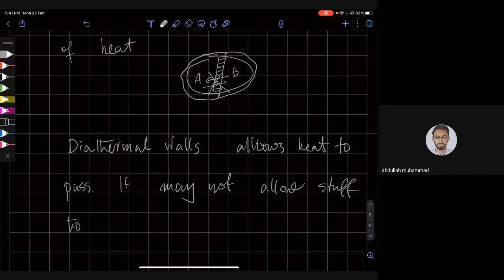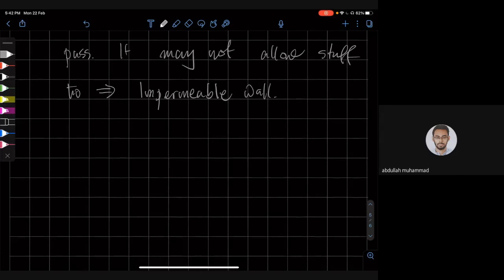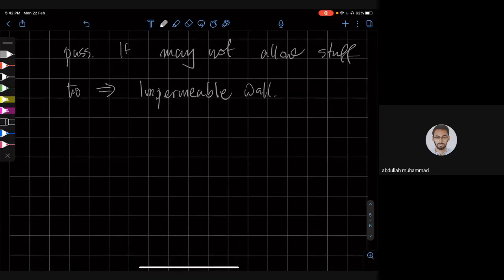By stuff, I mean the liquid, the fluid, or whatever this fluid is made out of. And if that is the case, then such a wall is called an impermeable wall. These are kind of common sense ideas, but just to get some of the language going. Okay, so next we have a very important idea, the idea of thermal equilibrium.